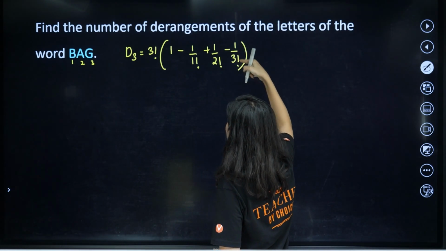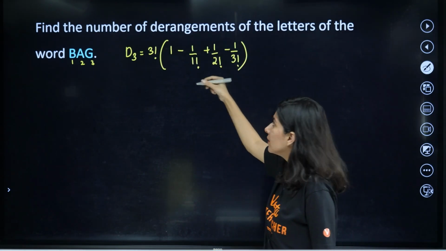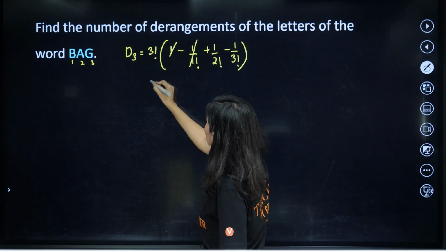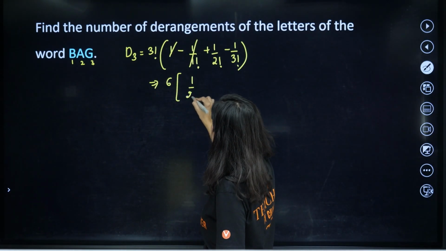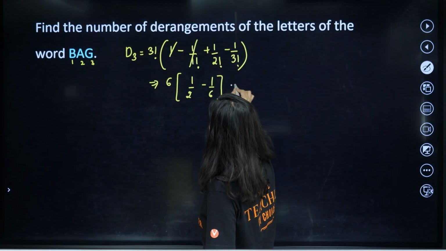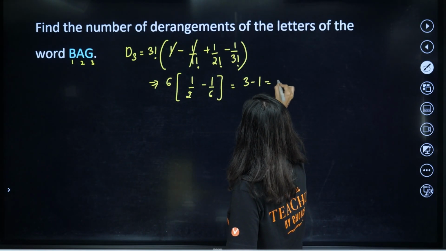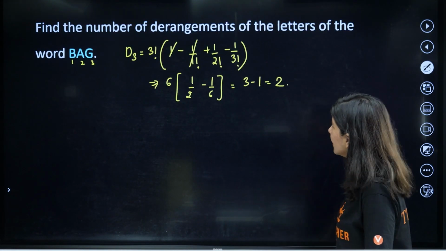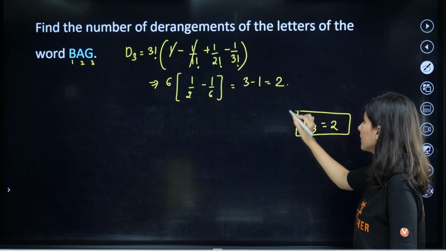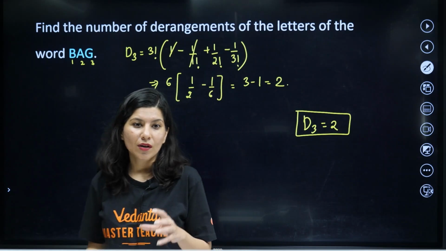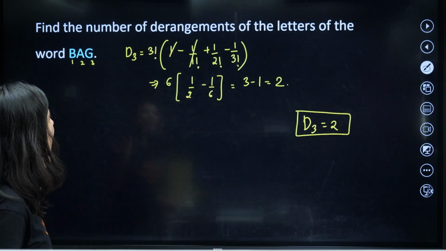You have to stop here. Now 1 minus 1 cancels out. 3 factorial is 6, times 1 by 2 minus 1 by 6. So 3 minus 1, which is 2. D3 is coming out as 2. So there are 2 ways to find the number of derangements.